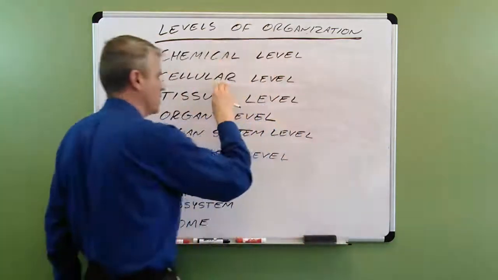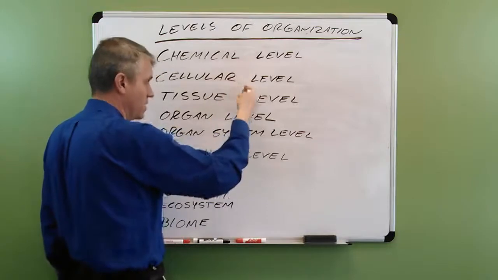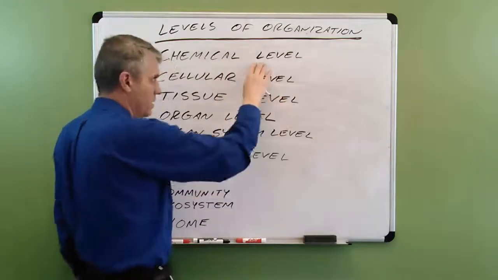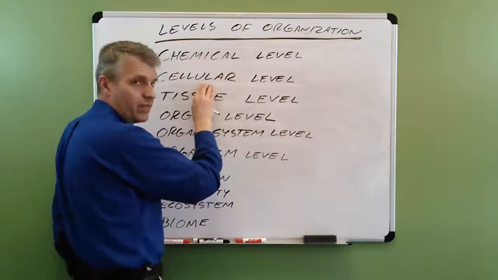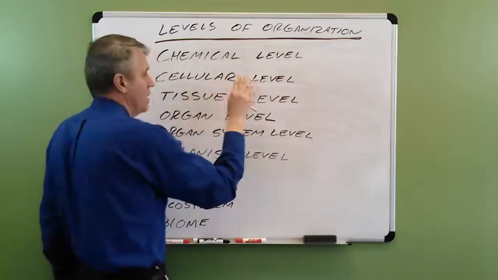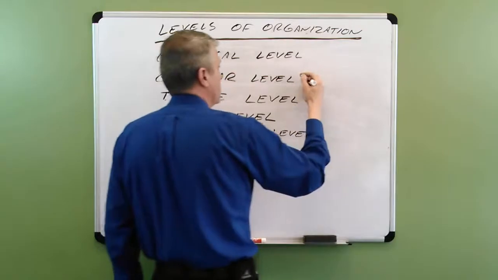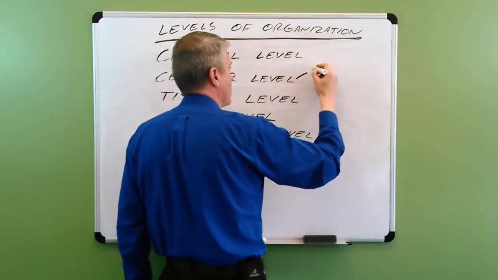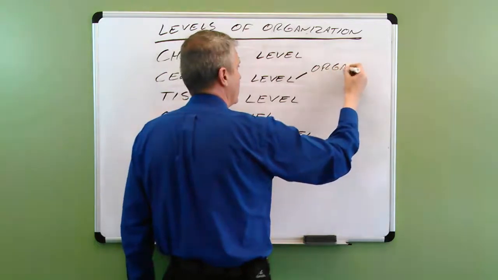The cellular level. And again, remember, these build upon each other. So if you've got enough macromolecules and other molecules coming together, we can have a living cell. At the cellular level, we could make a division slightly lower than this and say the organelle level.